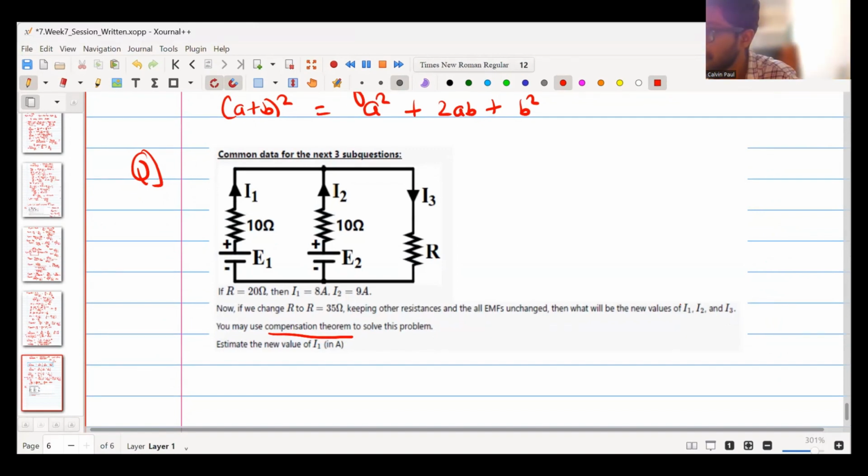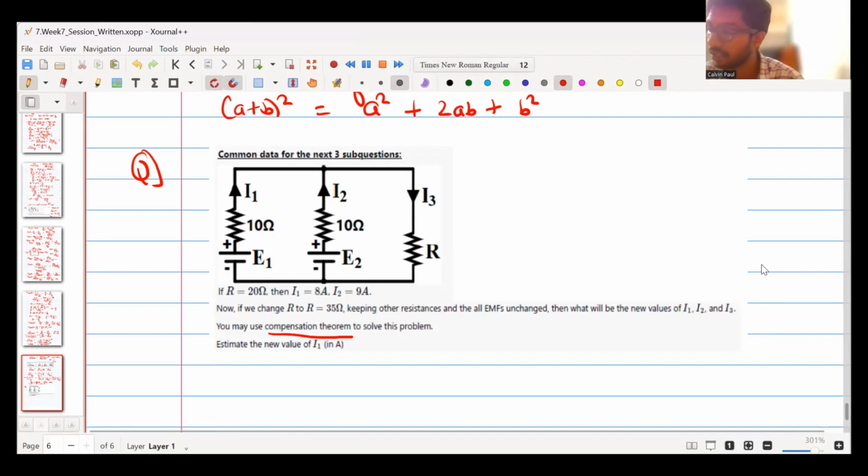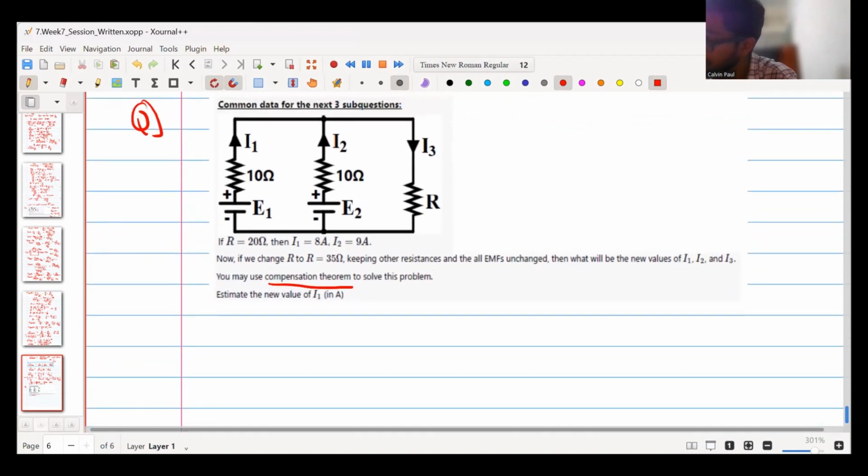No, sir. I tell about the Tellegen theorem and reciprocal theorem. Oh, this wasn't taught. Okay, fine. So we'll try to see compensation theorem.